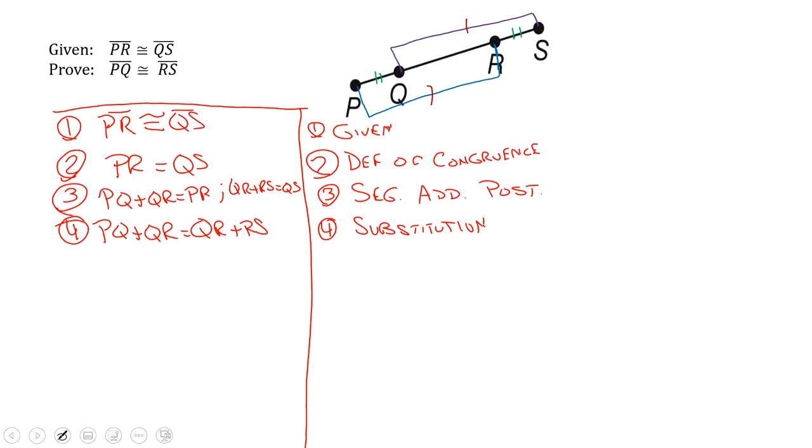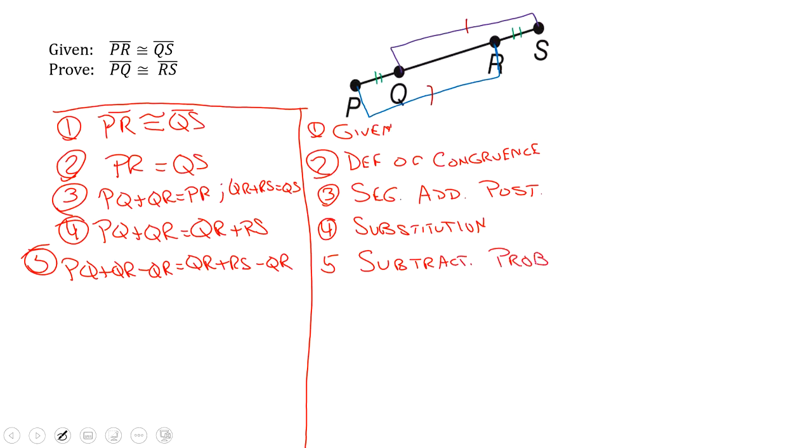Okay, now, again, another long line, I'm going to kind of step back a little bit. We're going to do PQ plus QR minus QR equals QR plus RS minus QR. And that's our subtraction property. If you are abbreviating, try not to abbreviate substitution and subtraction both as SUB.